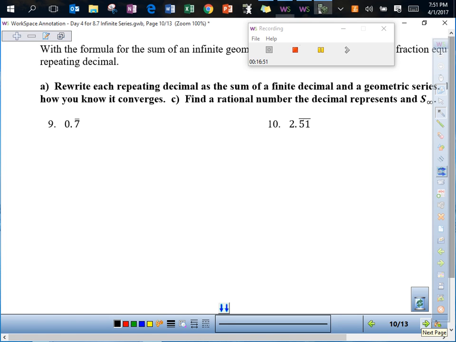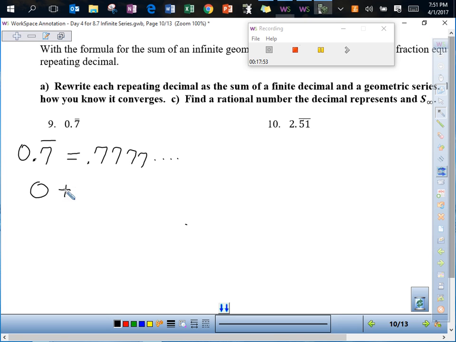Let me show you how to get it using the geometric series formula. So hang with me here. I'm going to think of 0.7 repeating as 0.7777 on down the road. This thing has a 0 out front, so I'm going to have a 0 plus.